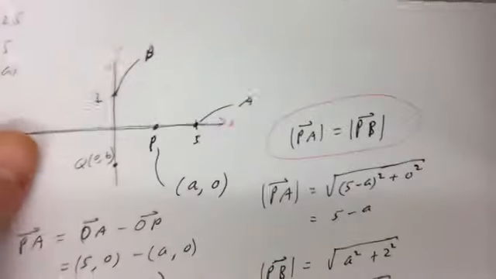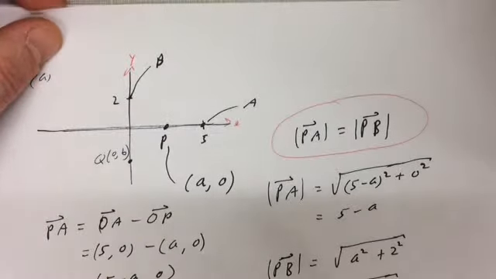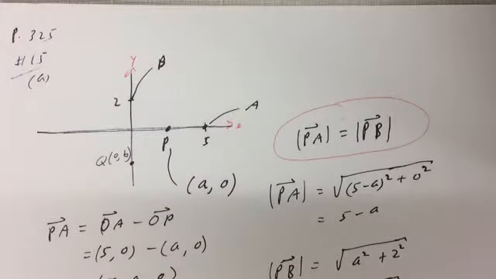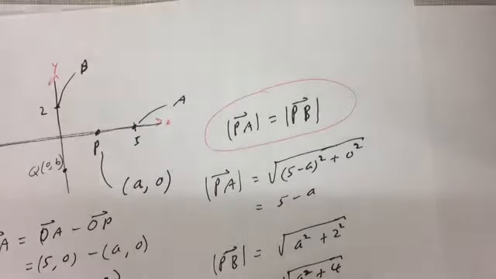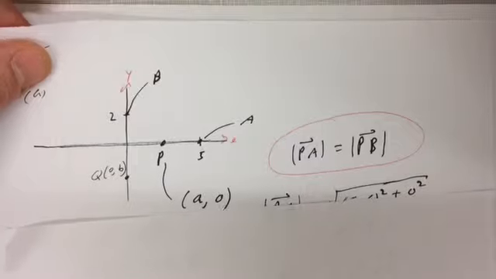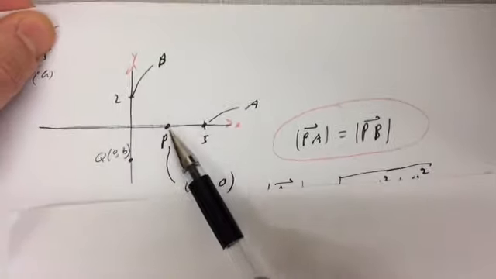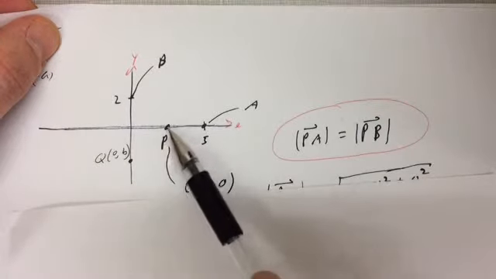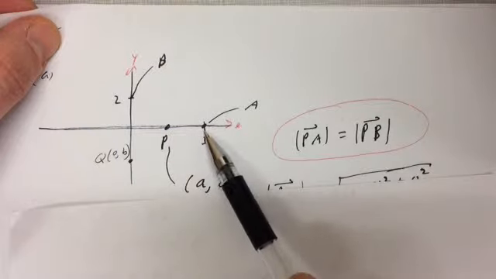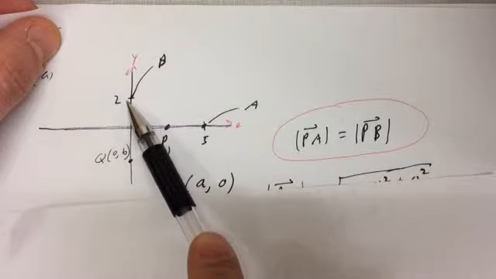Number 15. Number 15 in the book asks you to find a point P on the x-axis that is equal distance from point A and B. So the distance from point P to 5 on the x-axis is the same distance from point P to 2 on the y-axis.